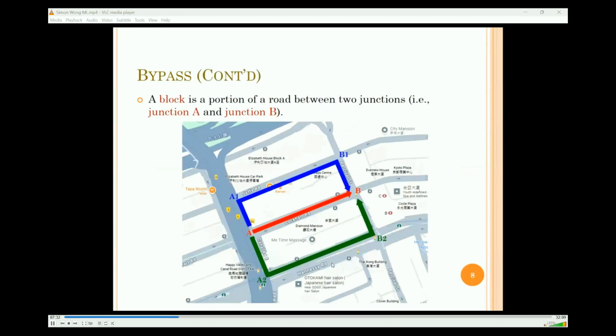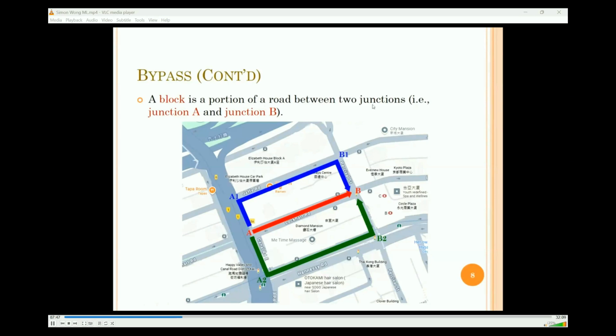To make everyone understand what I mean by bypass, I need to define some terms, like a block. A block is a portion of road between two junctions.